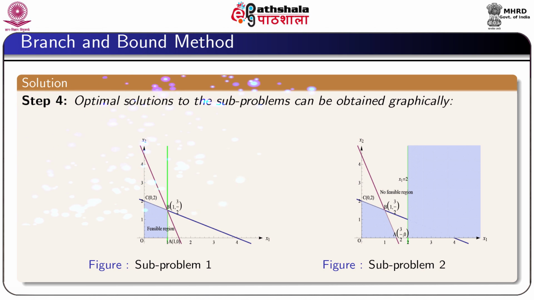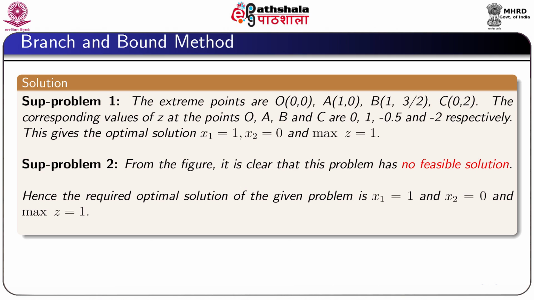Since we are not getting any feasible region for the subproblem 2, so we are getting no feasible solution for the subproblem 2, whereas for the subproblem 1 we are getting the optimal solution from the extreme points as x1 equal to 1 and x2 equal to 0 and the corresponding value of z is equal to 1.